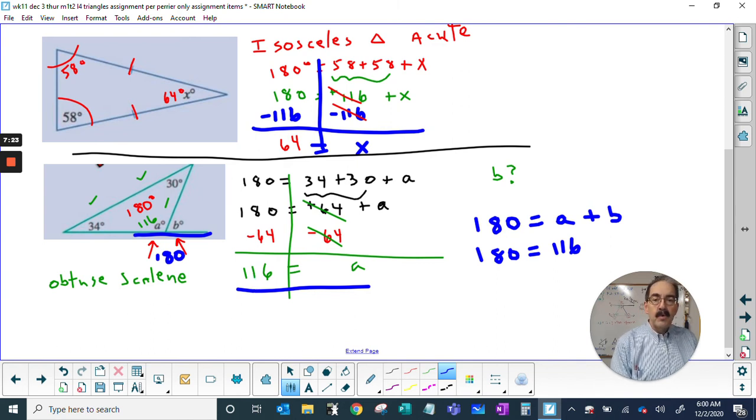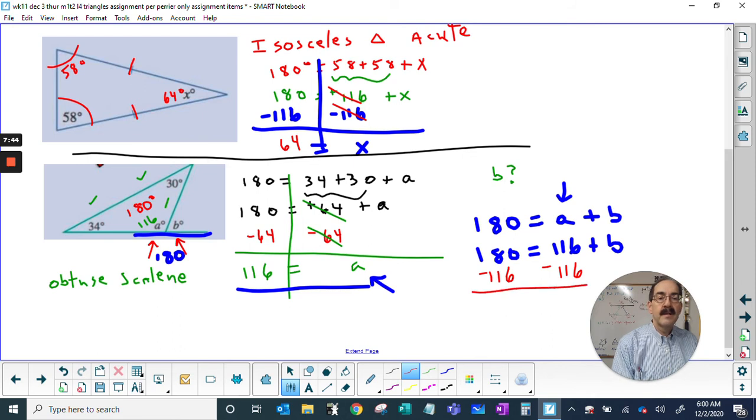Anytime we know one of the variables, when we rewrite it, we replace it with that number. We substitute, and then we solve. The opposite of a plus is a minus, so minus 116 from both sides. Draw a little fence, and we get 64 is equal to B.